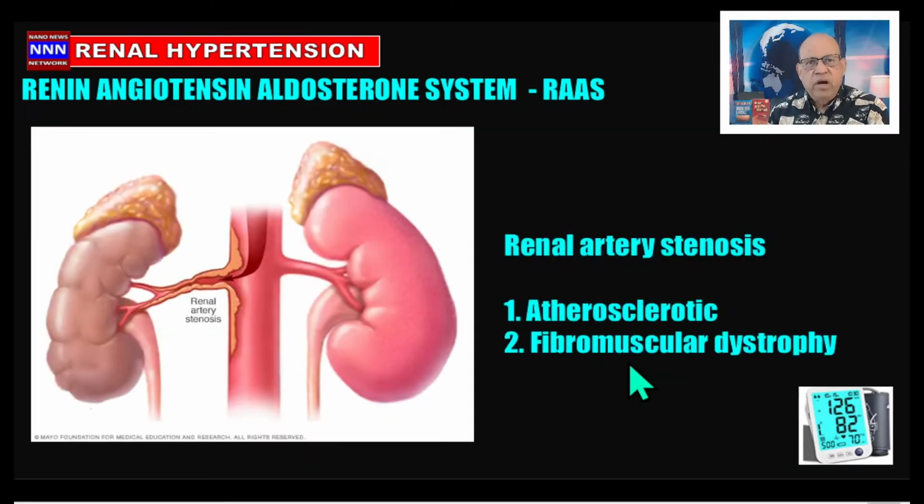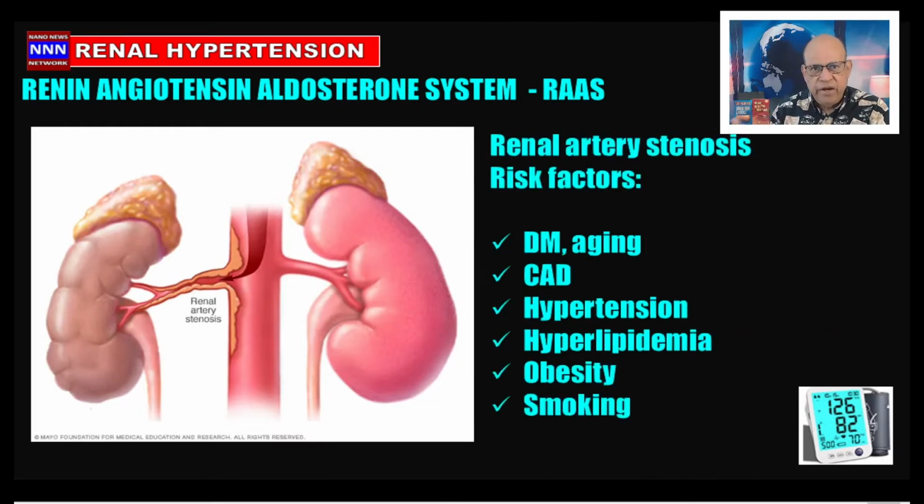So, what are the most common causes of renal artery hypertension? Atherosclerotic plaques blocking the arteries, thus reducing the glomerular perfusion pressure, is one of the most common causes. In younger population, we may see fibromuscular dysplasia, which can account for renal artery stenosis leading to renal hypertension.